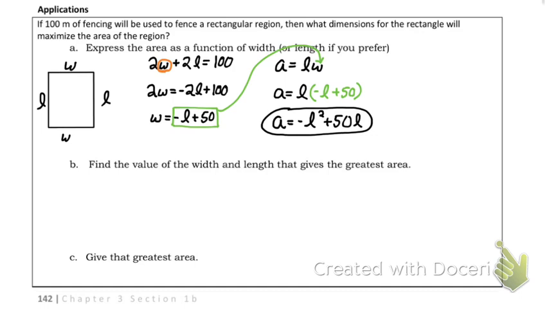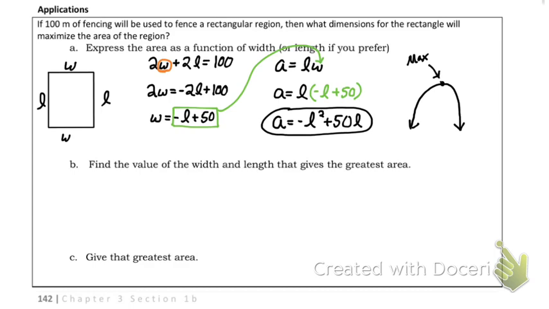Well, if we look at this, this is negative L squared plus 50L. This is a quadratic equation with a negative out front. Now remember, a quadratic equation with a negative out front has a maximum. Because it's negative, it opens down, which means the tippy top is known as its maximum. That's what I need. I'm also going to note, in this case, my input is L. My output is my area.